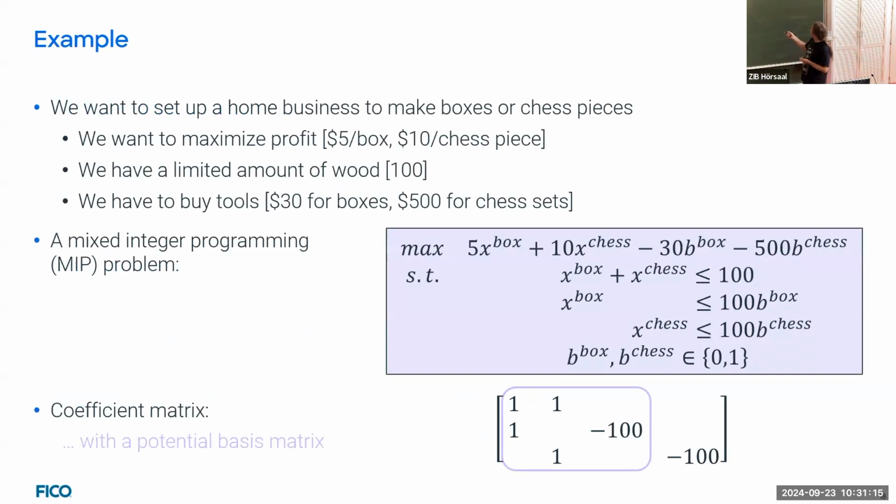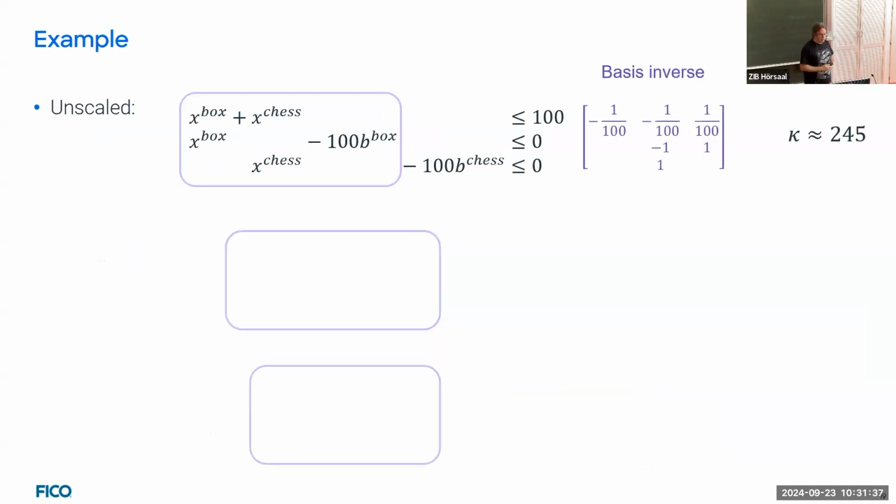This is the coefficient matrix where we've brought those binary variables, that here when stating the problem we wrote as variable upper bound constraints, to the left-hand side. And you see that this is an invertible 3x3 submatrix of the constraint matrix. So this is one potential basis of the constraint matrix.